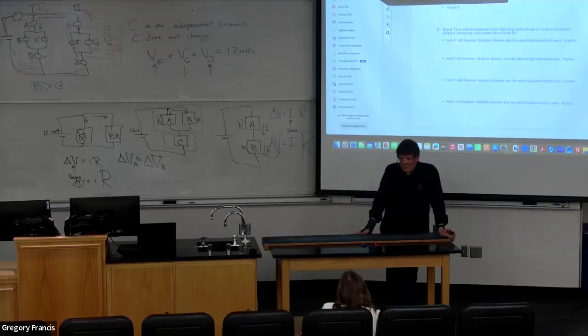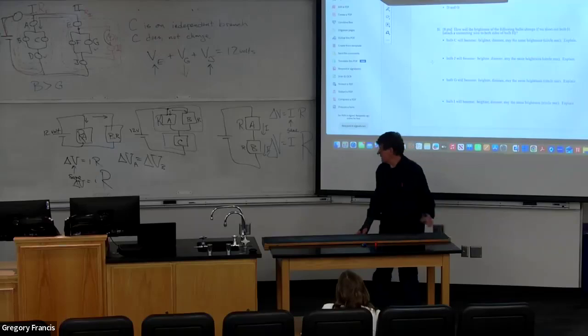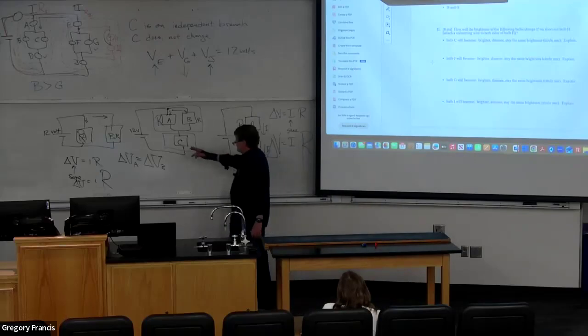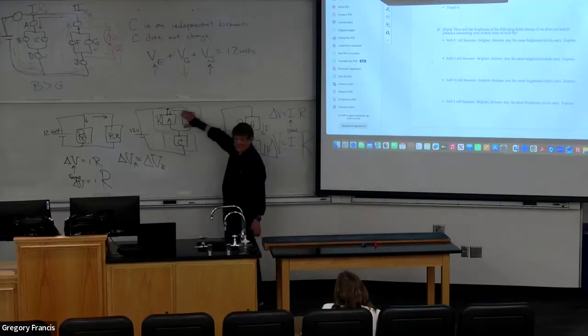But with bulbs, you can just say more or less. This box has more resistance. This box has less resistance. And so in those cases, if I've got a 12-volt battery, I can say, oh, I've got more than 6 volts here or less than 6 volts there.